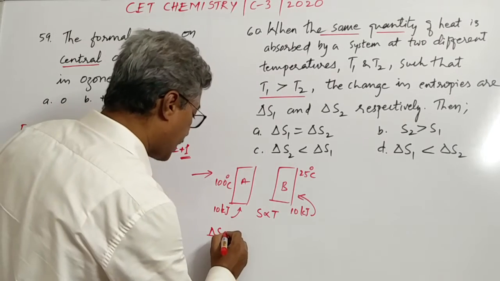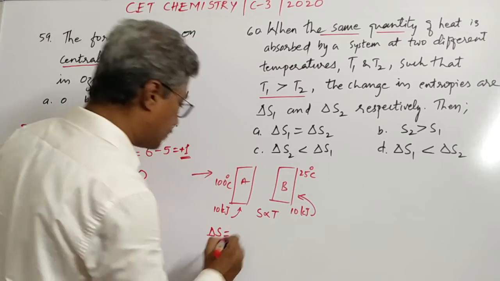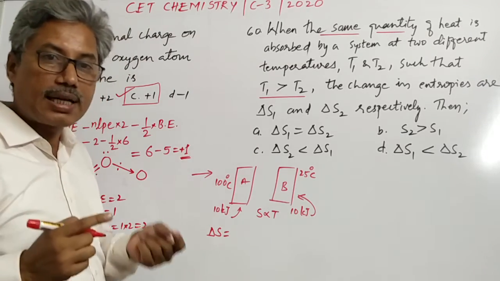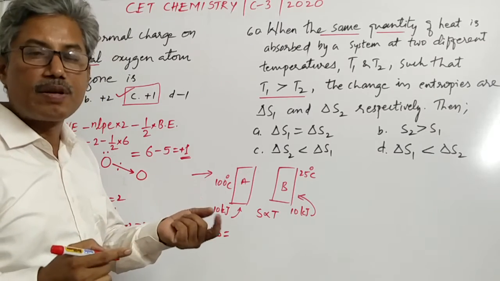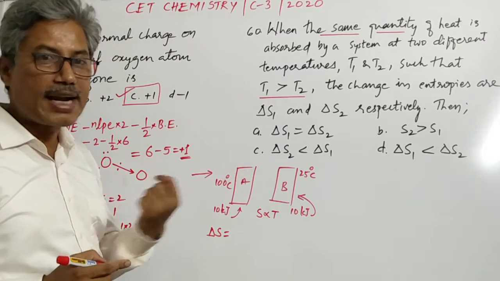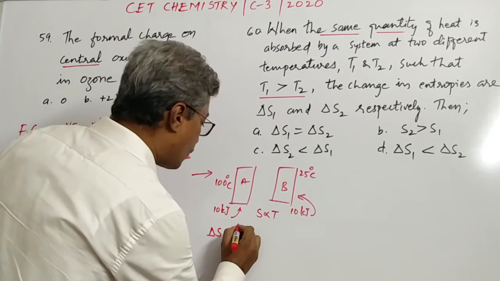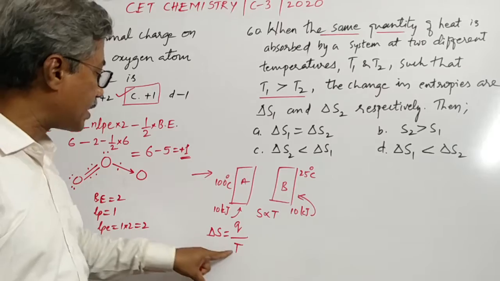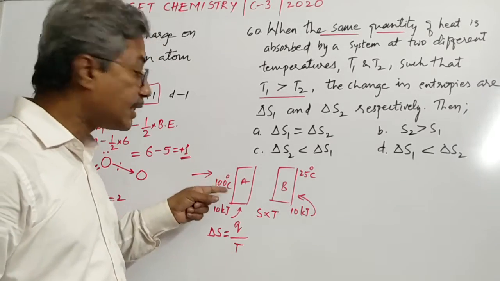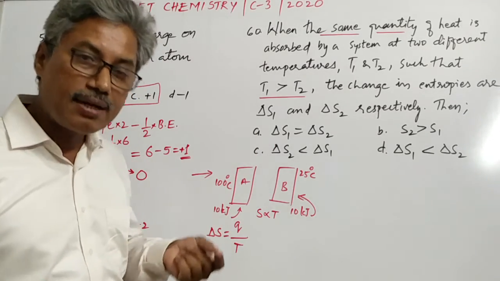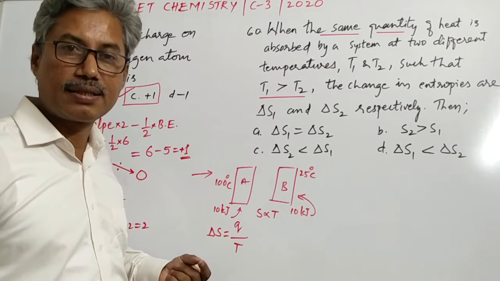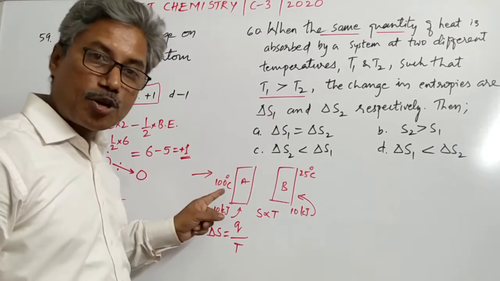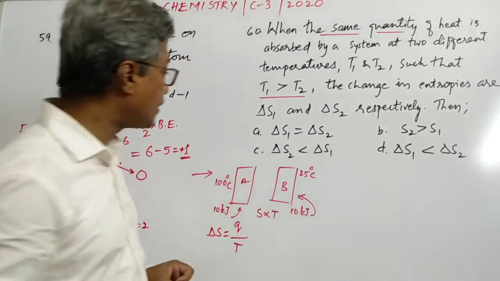See, students, this system is already in a more random state, so the supply of a little amount of energy will bring little change in the entropy of the system. That means for the supplied amount of energy, change in entropy is inversely proportional to temperature, because this is already in a more random state. Then to that you are supplying some amount of energy. That means you are increasing little energy. Little entropy is increased.